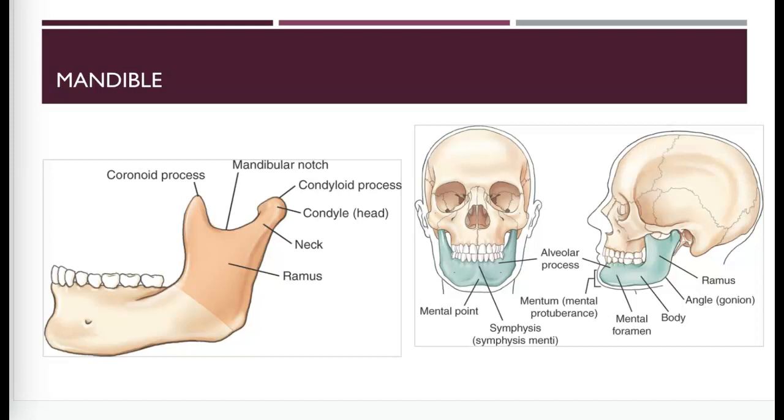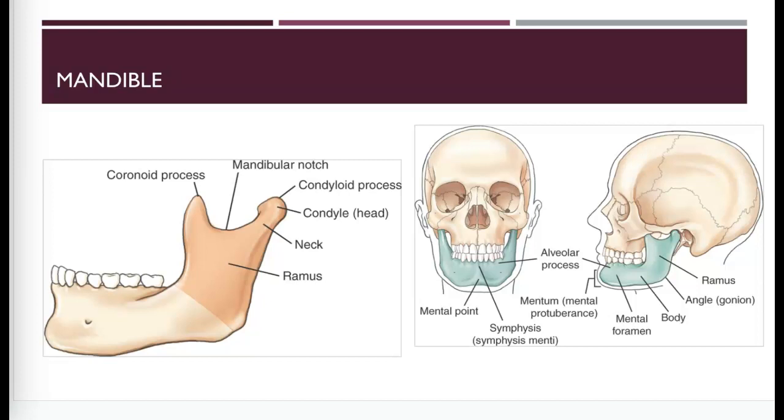The lower teeth are actually rooted into the mandible. The single body forms each lateral half and unites at the anterior midline. This union is called the symphysis, pretty much very similar to the pubic symphysis. It's just the two sides of the mandible joining in the center to create one bone.